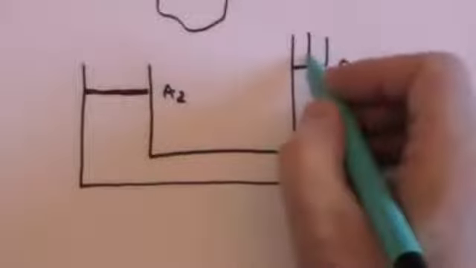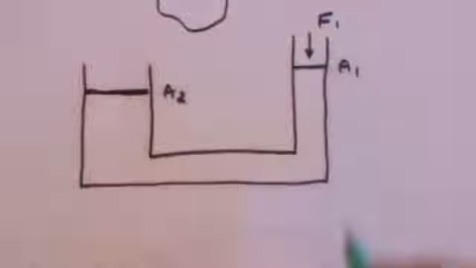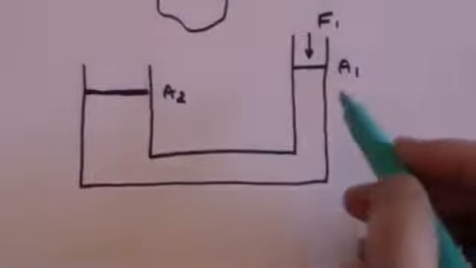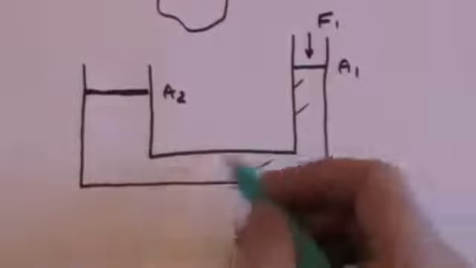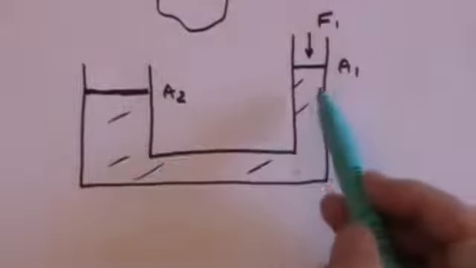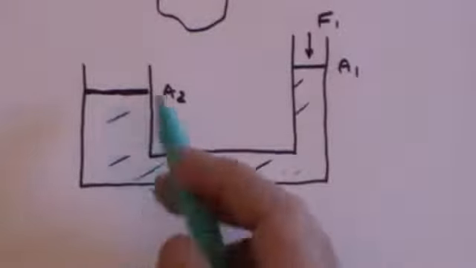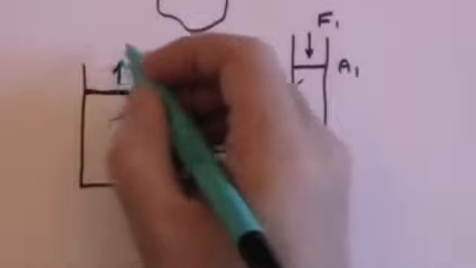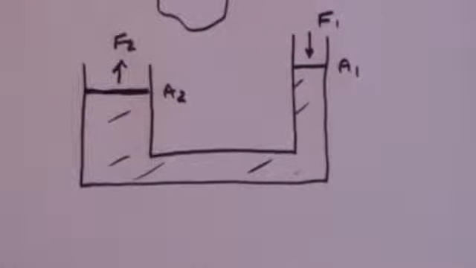And now I'm going to assume that I press down on this piston with a force F1, and that is going to be transmitted through the fluid. This is all fluid in here. That pressure is transmitted through the fluid until you get here, and that is going to result in a force F2 here. But the pressures are the same.